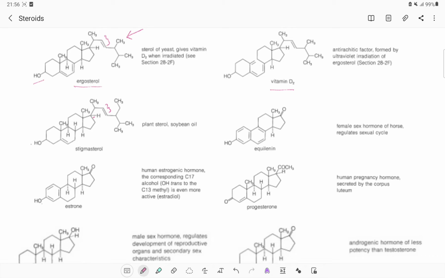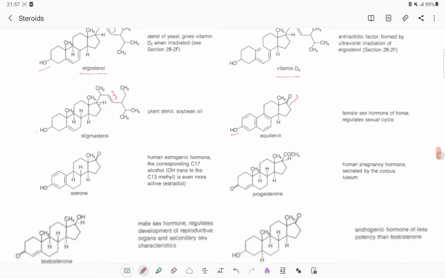Another example is equilanin. In equilanin, rings A and B are aromatized and there is a presence of OH, and in ring D there is a carbonyl carbon. This is a female hormone of the horse which regulates the sexual cycle in the horse. This equilanin system is a steroidal sex hormone of the horse.